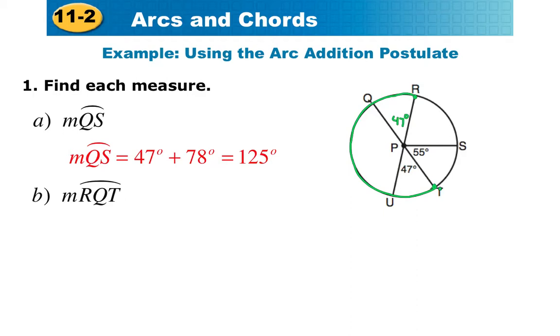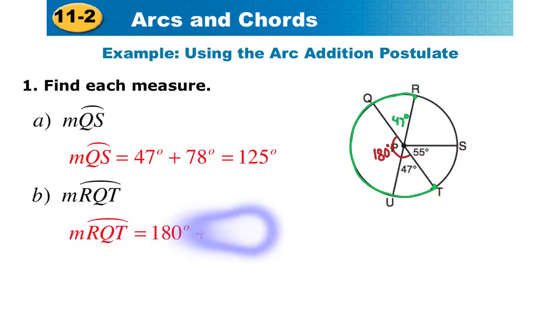And then I'm going to use the fact that this is a diameter, which means that this portion of the arc is a semicircle, so it's 180 degrees. So the measurement of RQT is 180 plus 47, which is equal to 227.